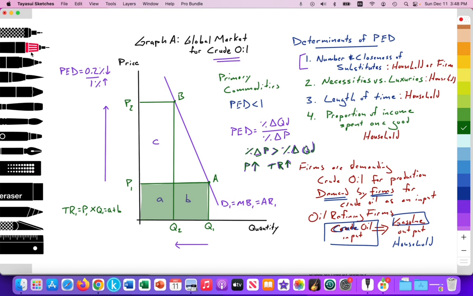And then as prices increased from P1 to P2, total revenue changes. Total revenue 2 is equal to P2 times Q2, which is equal to areas C plus A, which we can see here, this blue area here.